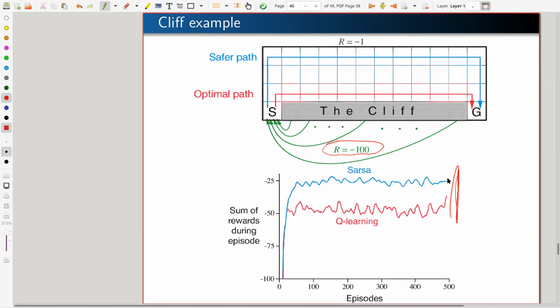And Sarsa is choosing with the epsilon greedy policy, which is the same, Sarsa has not the option of choosing two different policies for exploring and for learning. And so the policy will quite soon go to the safest path, and the reward will stay higher.